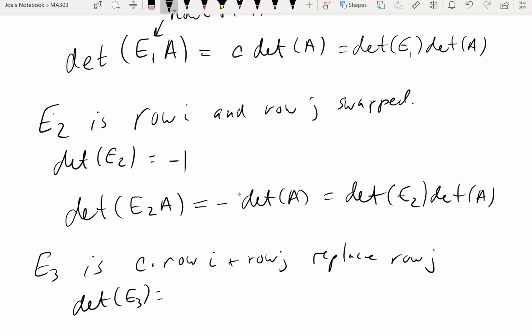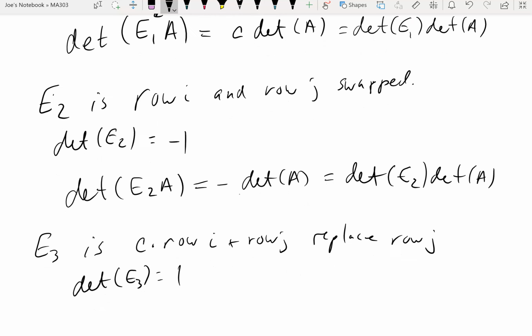What does that row operation do to the determinant? Just leaves it the same, right? The C just referred to the first elementary matrix. So we've done this to the identity matrix. So what does it make the determinant? Just one. Good. So the determinant here is just one.